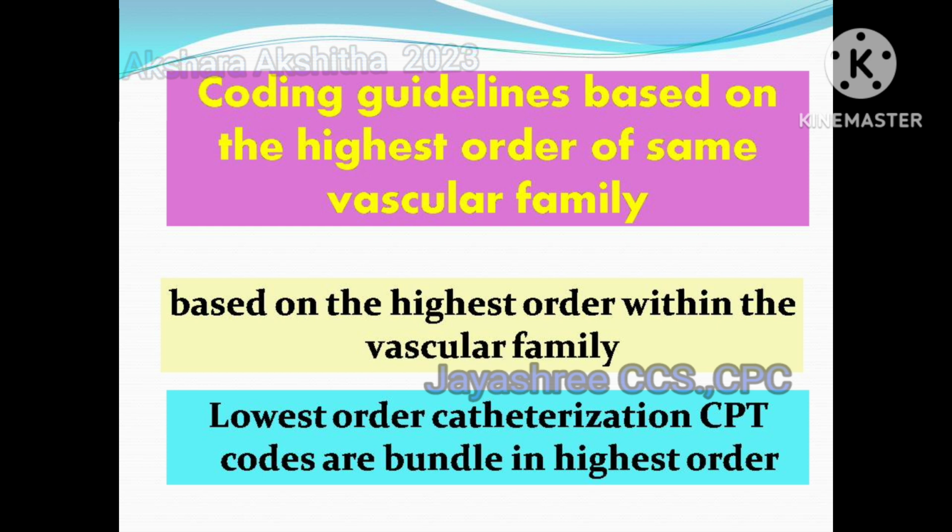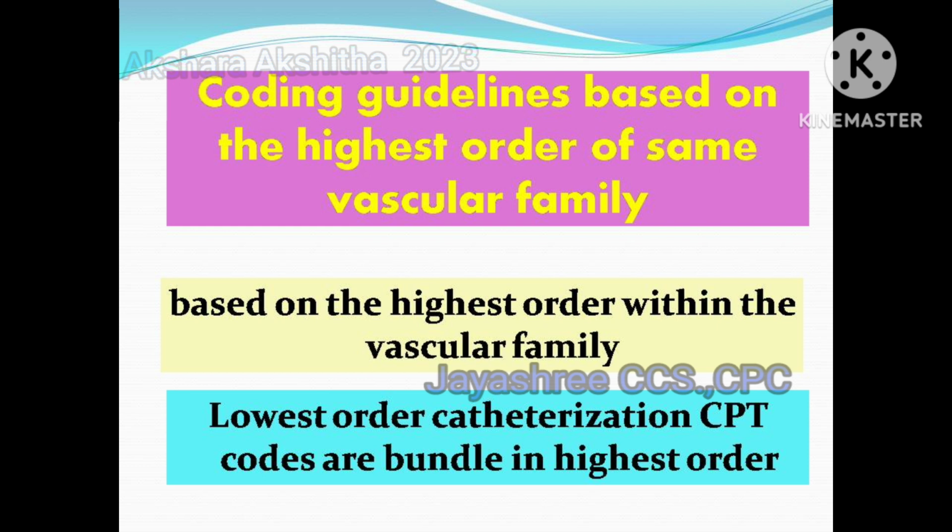Okay, the next coding guideline is based on the access. Whenever a procedure is performed with more than one access, each access should be coded separately. For example, a procedure performed in an upper extremity artery and a lower extremity artery.